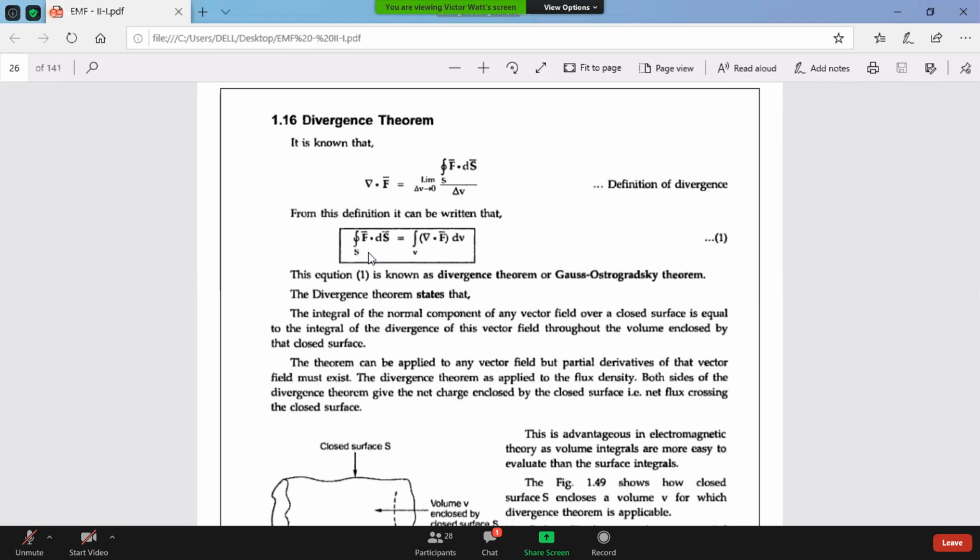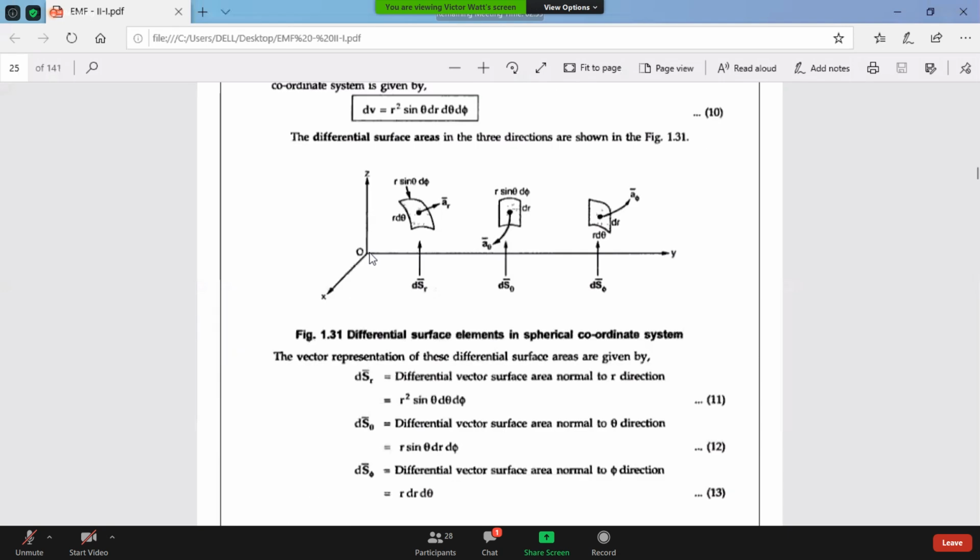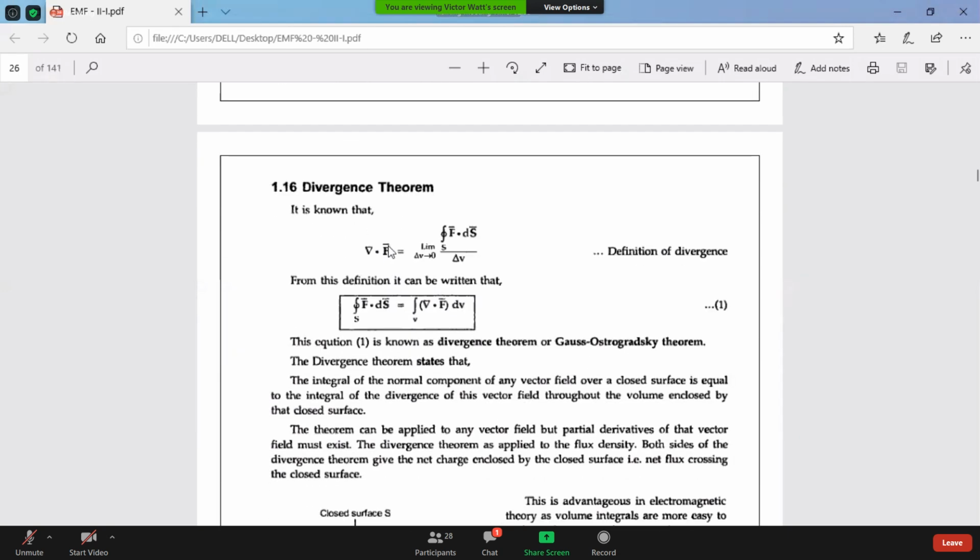If you have F as your vector, del is the partial with respect to x, the partial with respect to y, and the partial with respect to z.